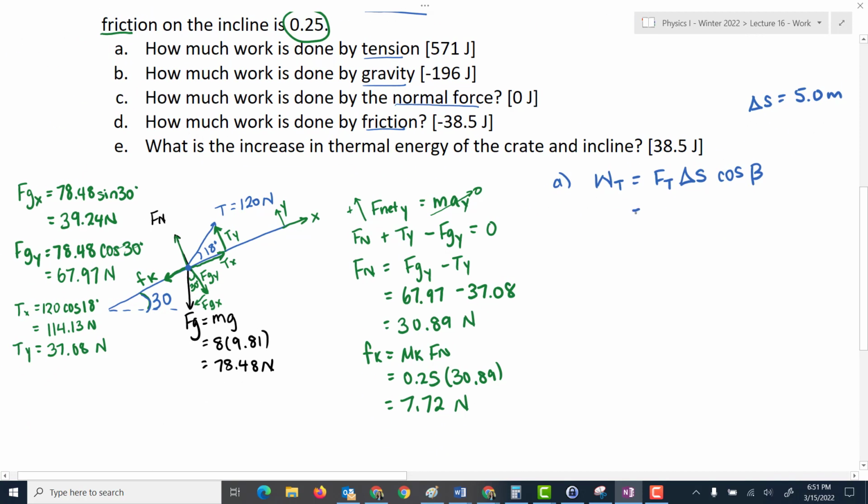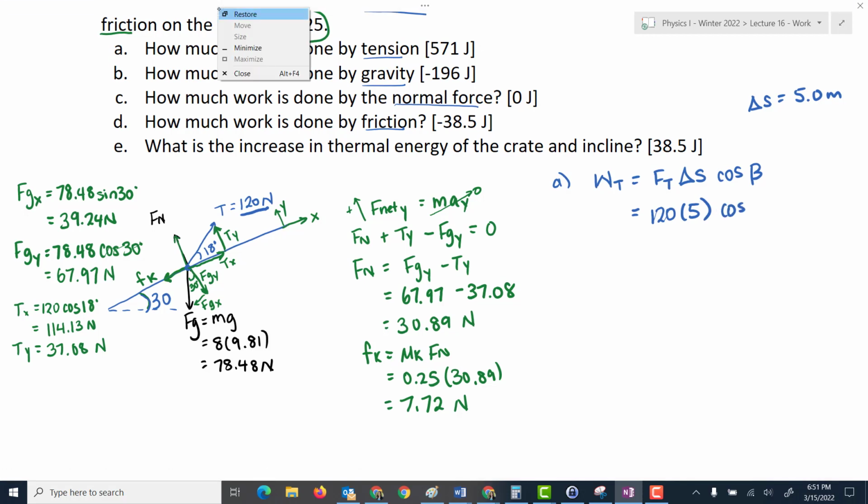So work done by tension is equal to the force of tension, which they told us in the question is 120 newtons, times the displacement, which we said was 5, times cos of the angle between the force of tension and the displacement. The displacement is going this way, we're moving up the ramp, and the force of tension is this over here.